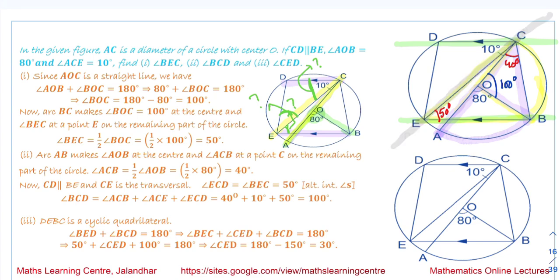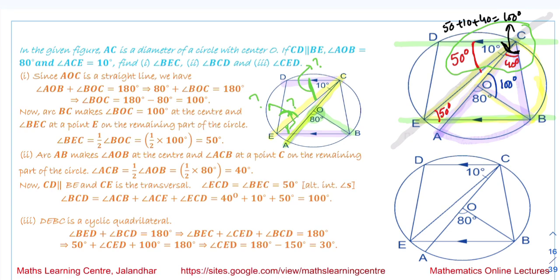So the angle ECD has a measure of 50 degrees. So the measure of this whole angle will be 50 plus 10 plus 40, that is equal to 100 degrees.